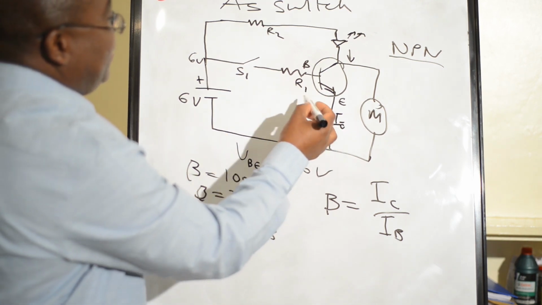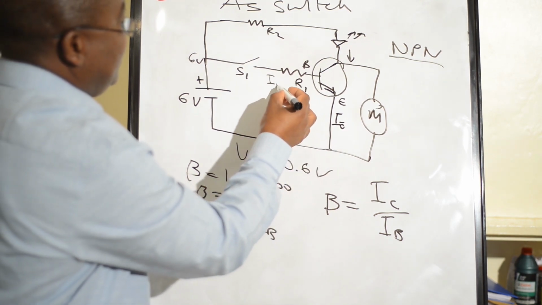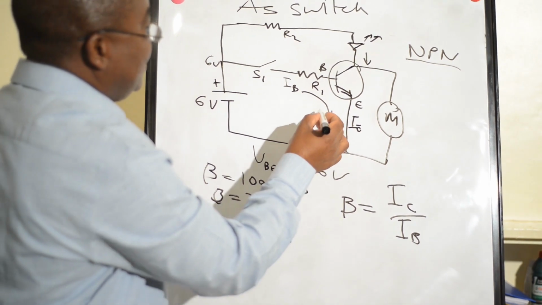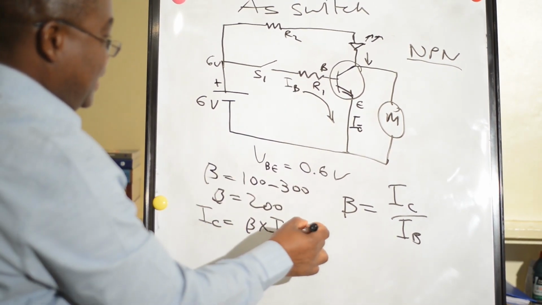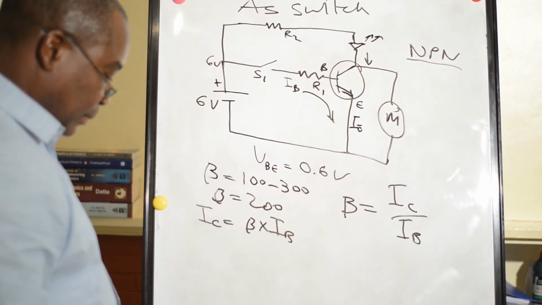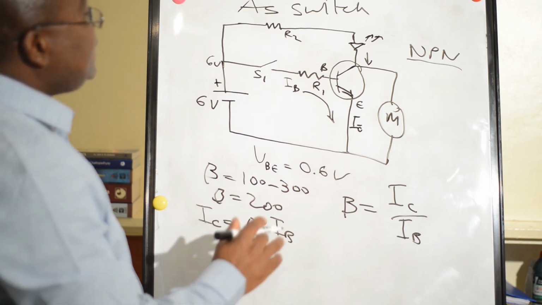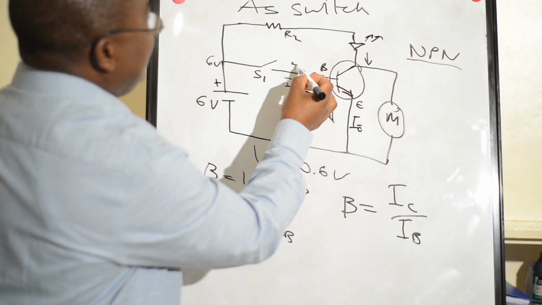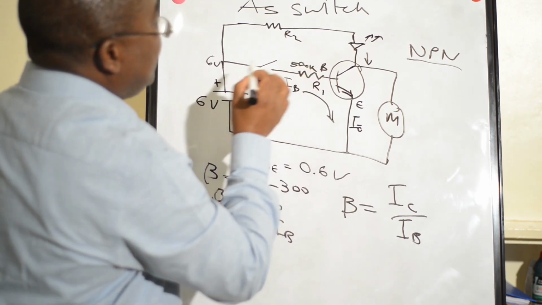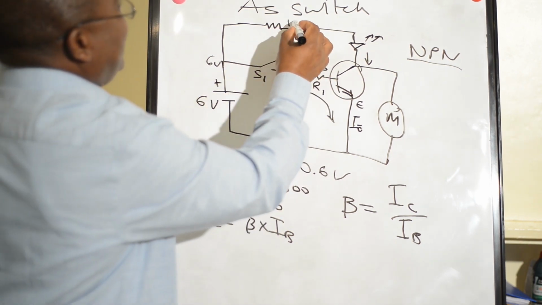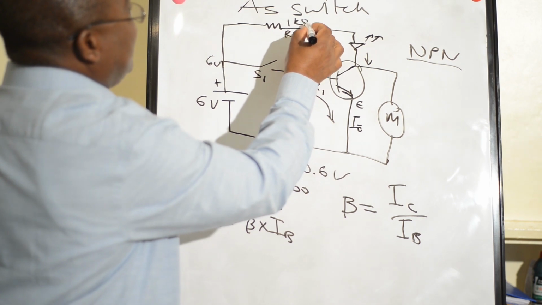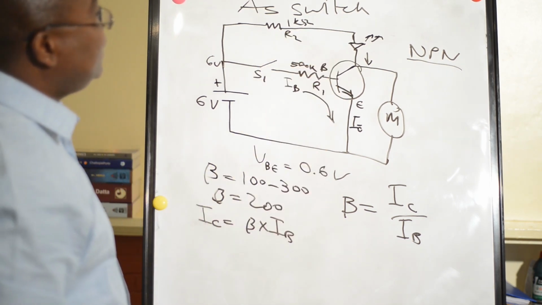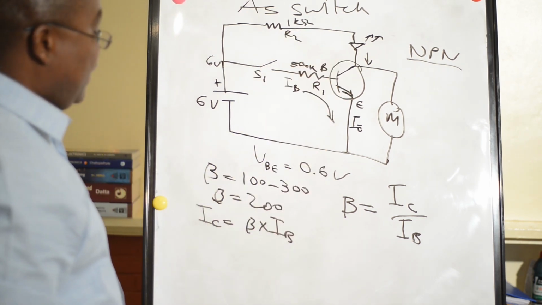Our base current here is IB. We flow this way. Let's find IB. Our resistor here, let's say, is 500K. And here we have a 1K kilo ohm resistor.